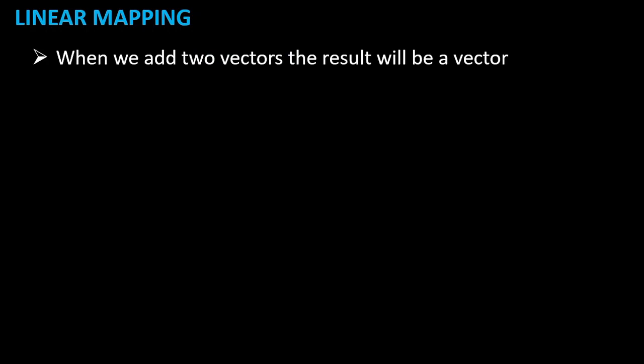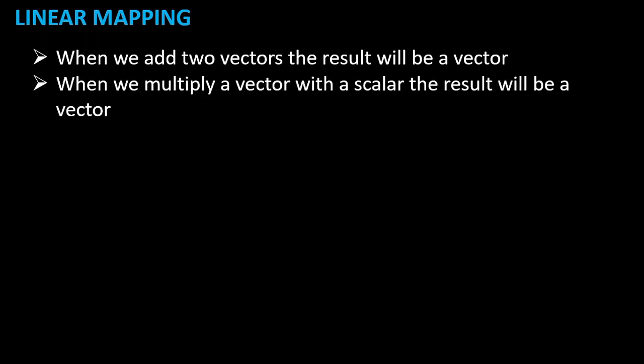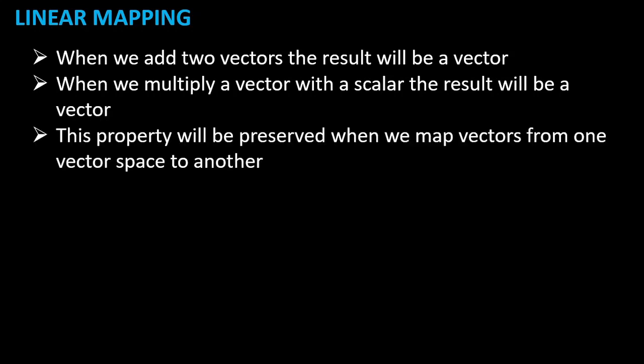When we add two vectors, the result will be a vector. That is the normal case. And when we multiply a vector with a scalar, the result will also be a vector. Those are the two properties of vector operations, and these two properties should be preserved when we transform them to the new vector space.